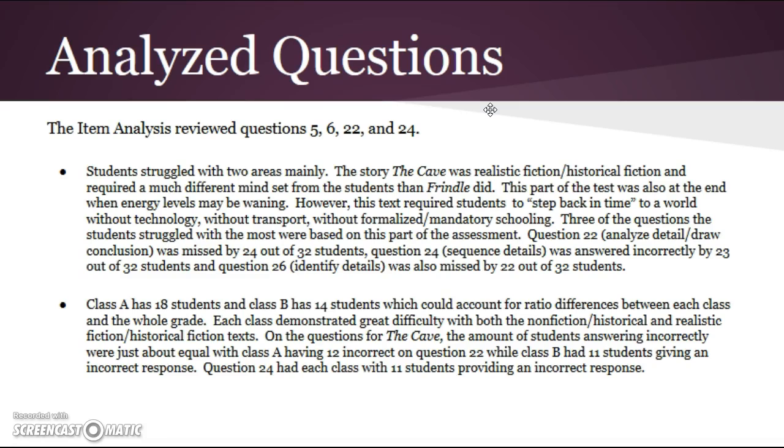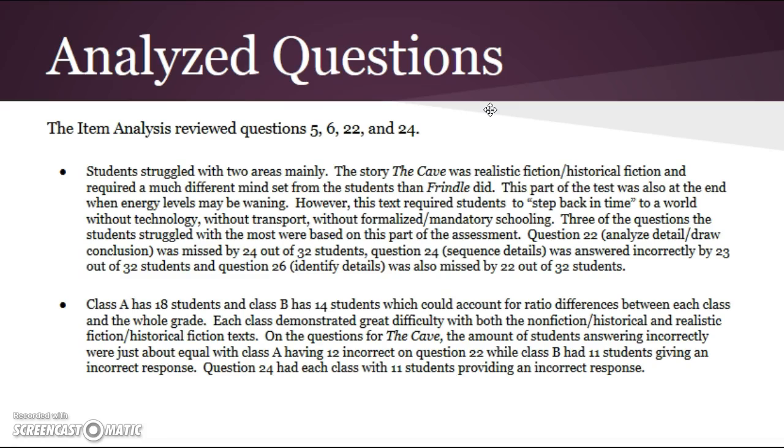Because obviously at the beginning of the assessment, students had a lot of energy, and after they've been reading and answering questions, that energy starts to fade. 3 of the questions that the students struggled with were based on the selections at the end of the text and that were either historical fiction or nonfiction.